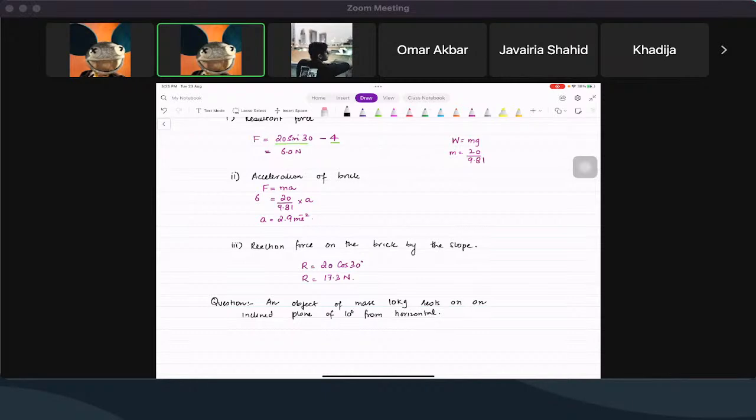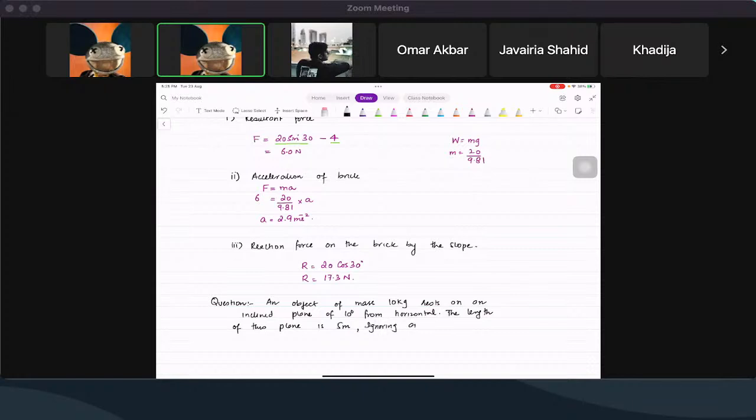Now it says the length of this plane is 5 meters.